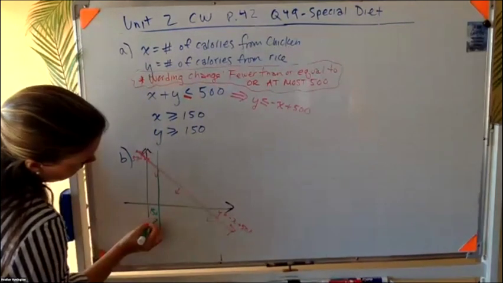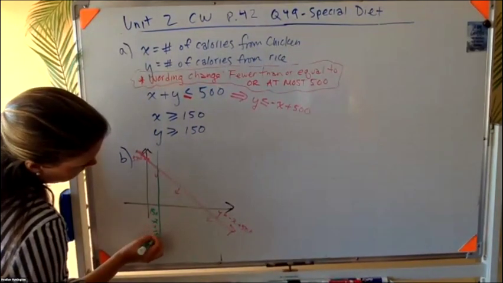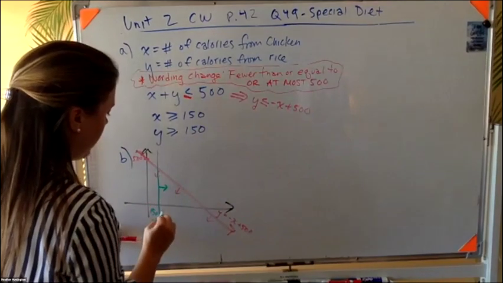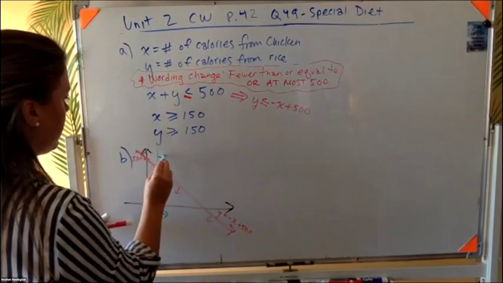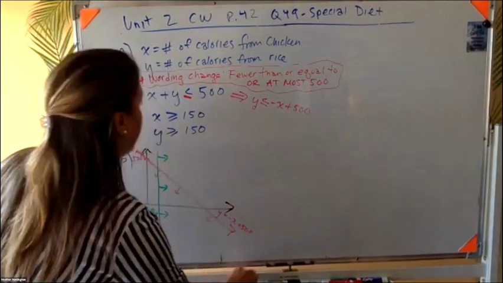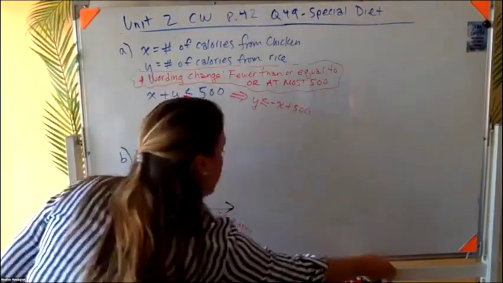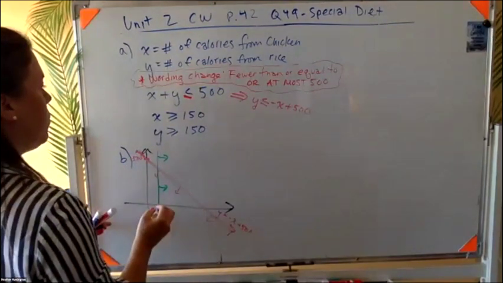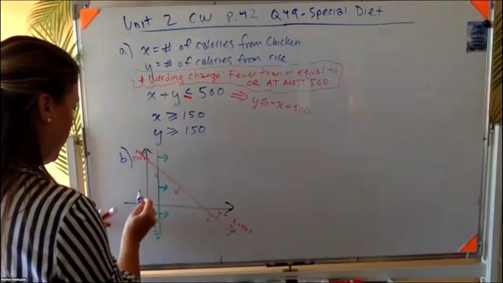So this line is X equal to 150, and anything greater is going to be in this direction. And then I'll use purple for this one: Y is greater than or equal to 150.